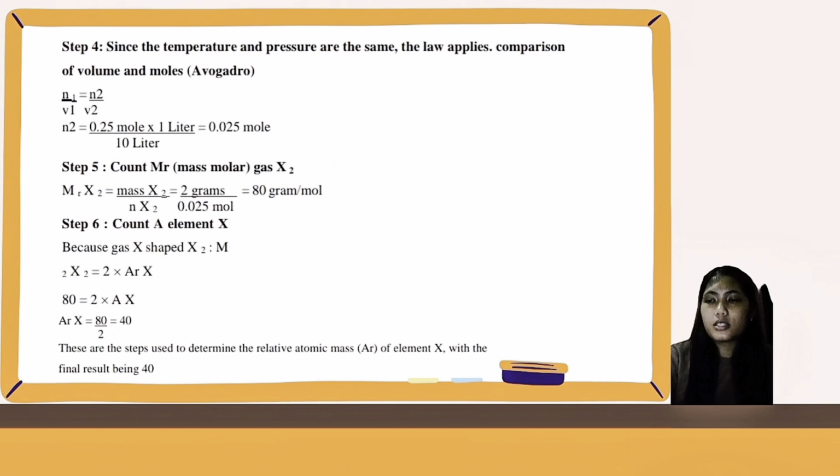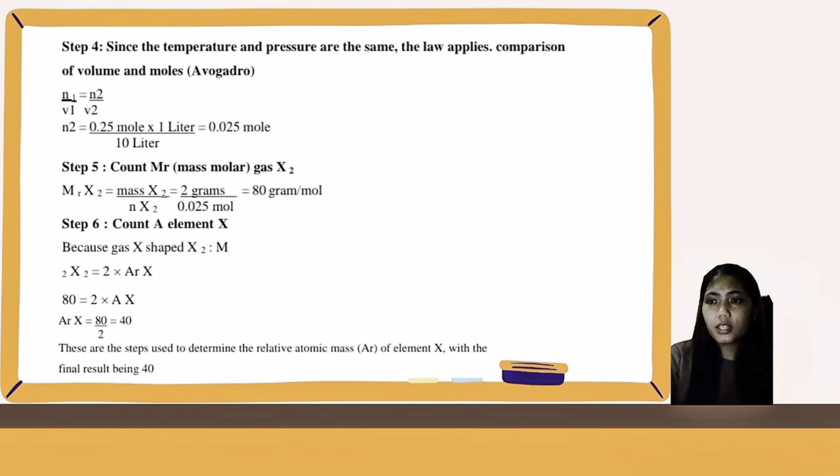n2 equals 0.25 mole times 1 liter divided by 10 liters, which equals 0.025 mole. Step 5. Count the molar mass Mr of gas X2. Mr of X2 equals mass of X2 divided by n of X2, which is 2 grams divided by 0.025 mole, equals 80 grams per mole.